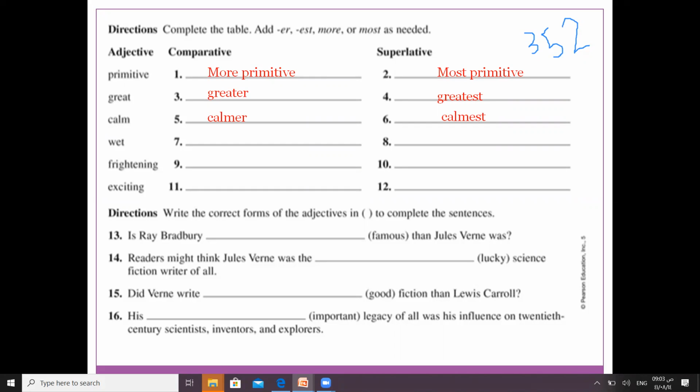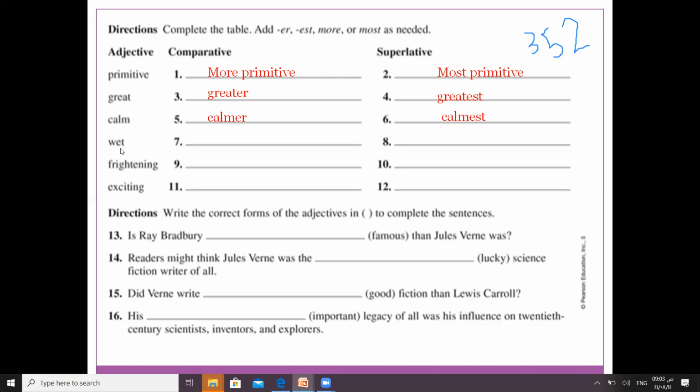Now, wet. Wetter and wettest, but teacher, why not more wet? Listen to me, Sarah. I told you we will add ER and EST when we have 1 or 2 syllables. So I have only 1 syllable, so for sure I will not use more and most. When I have more than 2 syllables, I will use more and most.